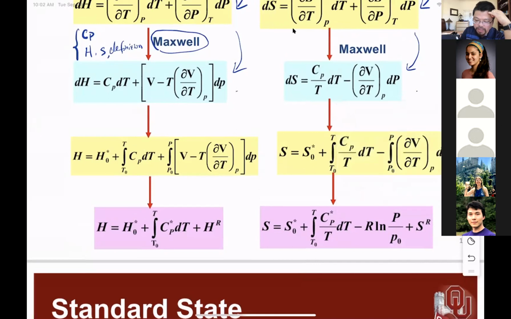And you realize this is useful to calculate the delta H, right? If we take the integration on both sides from state 1 to state 2, then we figure out the change of enthalpy and entropy.